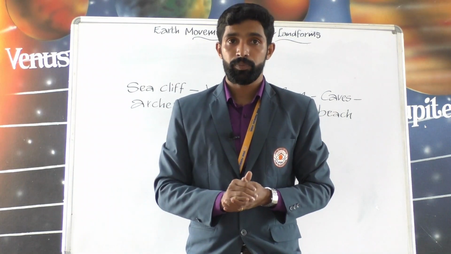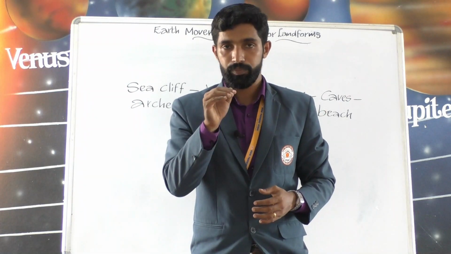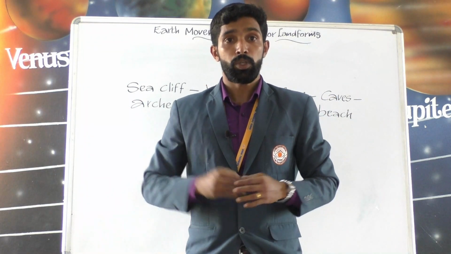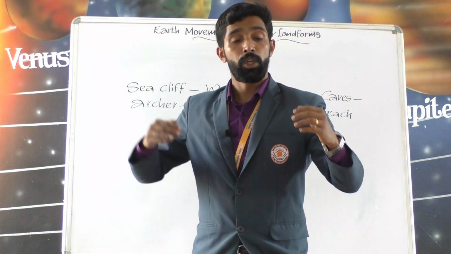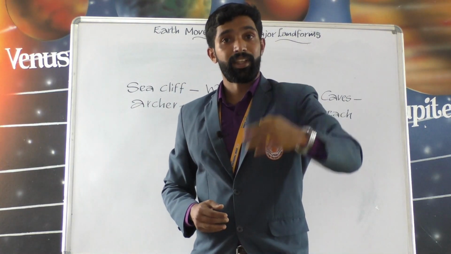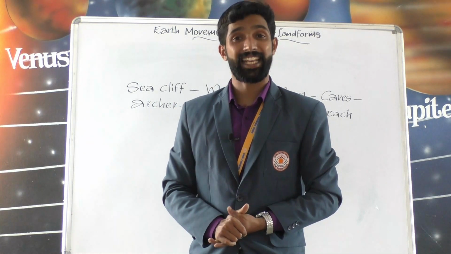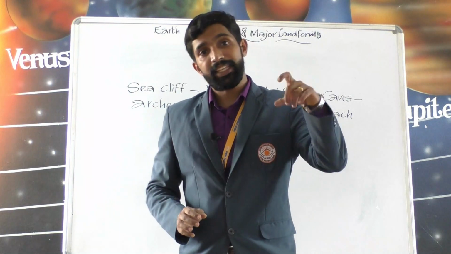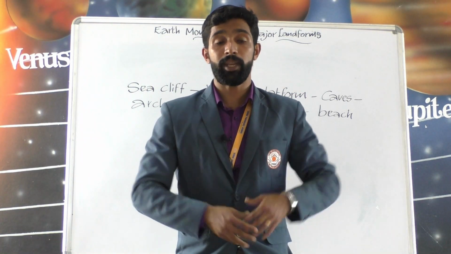So sometimes if the rock at the base of a cliff is weak, what will happen? The action of waves scoops out holes. Okay, the action of waves scoops out holes which become enlarged to form caves. Another word, that is caves. Next, so gradually these caves get bigger and only the roof remains, forming arches.